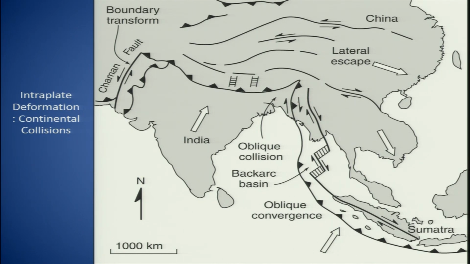The Sagaing is right lateral, whereas the Chaman fault system is left lateral. We also had a brief discussion about the lateral escape theory, the hypothesis, and we stopped there.